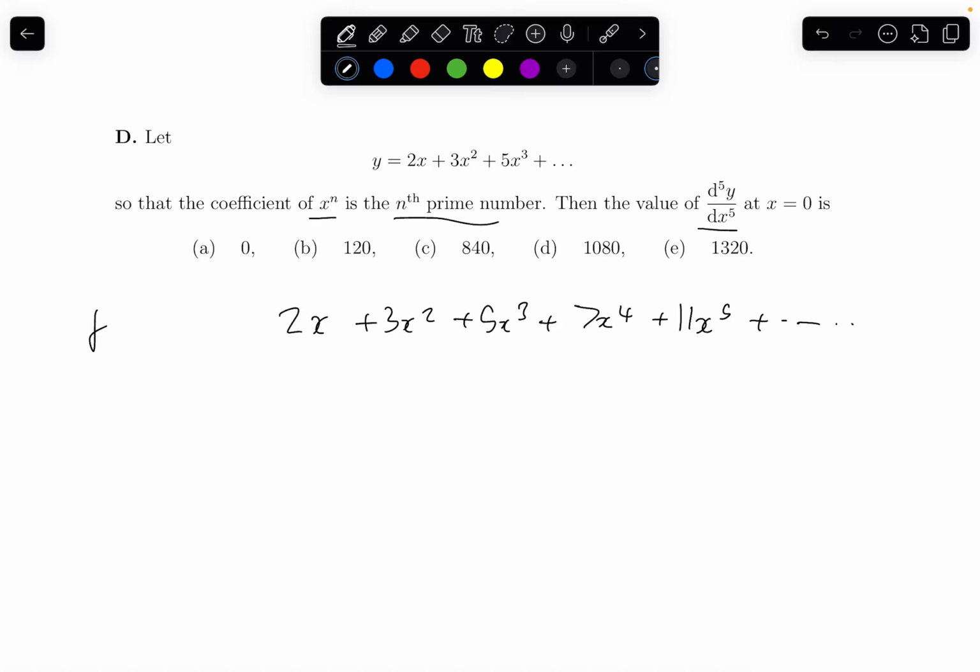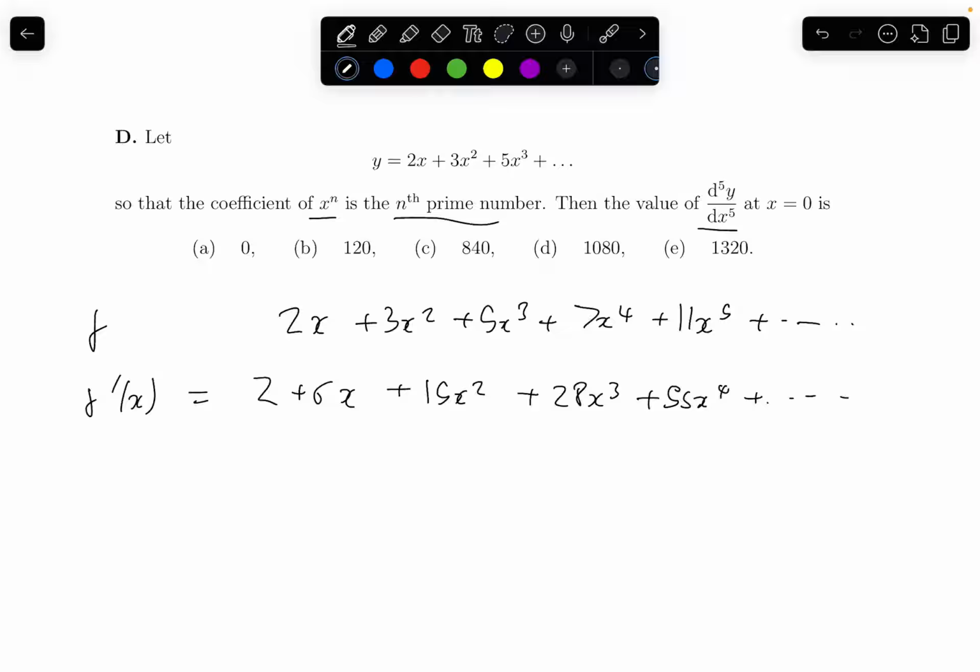And then if you take the derivative of that, you get 2 plus 3x plus 5x squared plus 7x. Oh, my bad, guys. That's just wrong. You get 2 plus 6x plus 15x squared plus 20x cubed. I'm trying to work too fast. That's the first derivative.